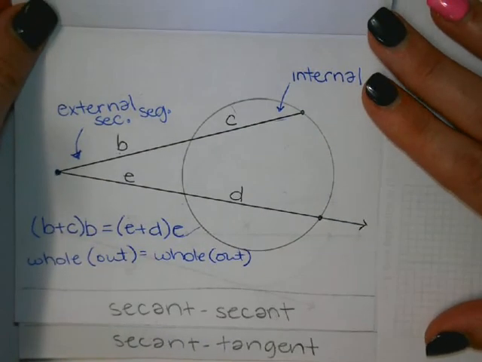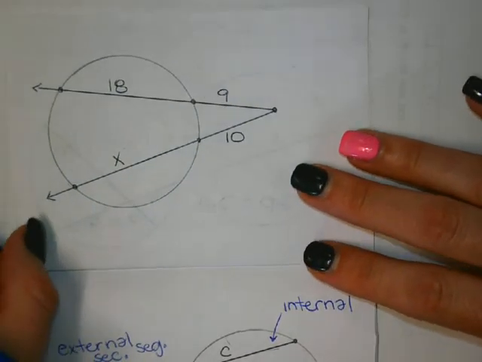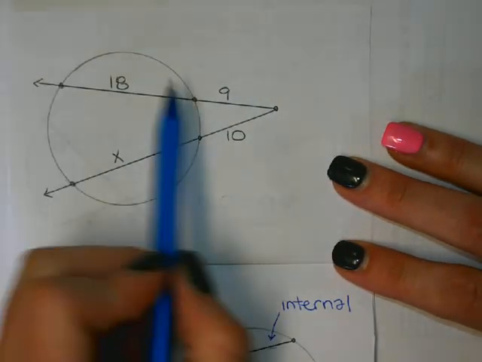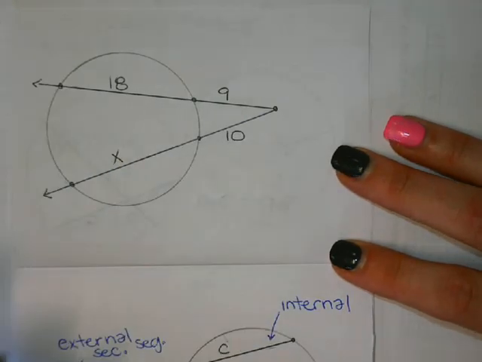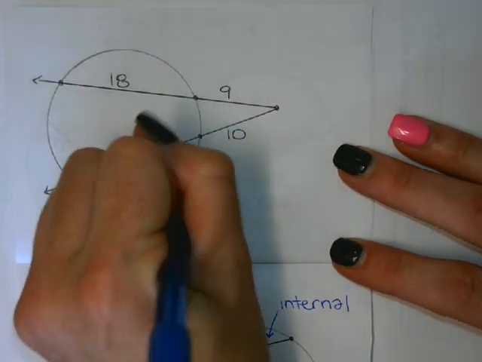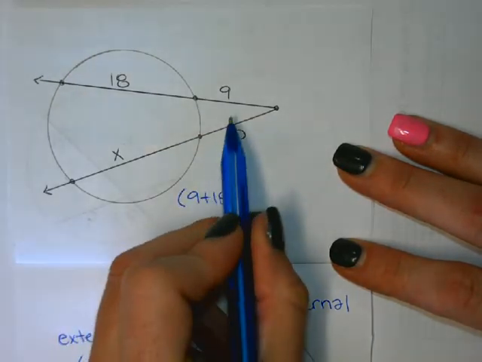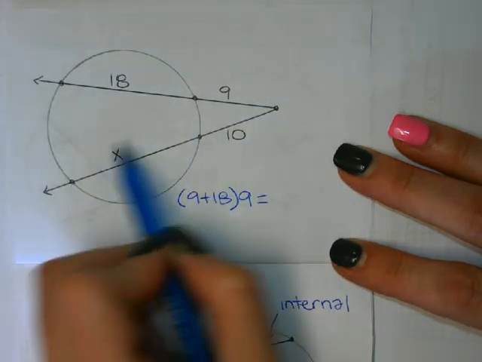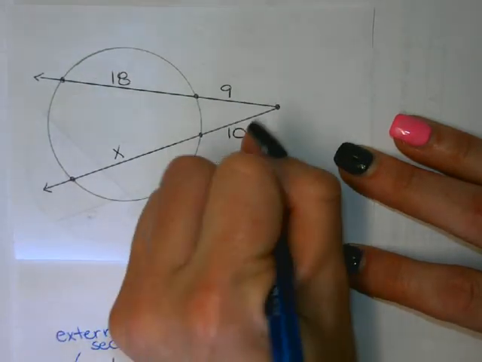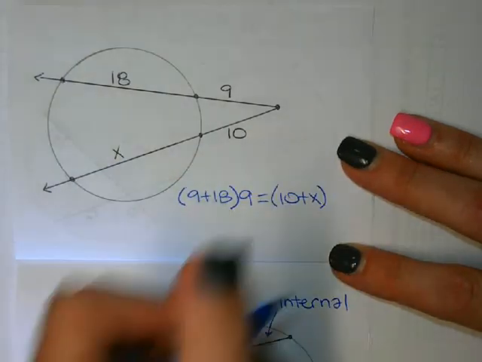Remember, you can push pause anytime you need to pause and slow it down, rewind it. All right, two secants, and I want to know the value of x. So first of all, I need the whole secant, so 9 plus 18 times the external piece. And that's going to be equal to this whole secant, 10 plus x, make sure you don't multiply, times its external piece.